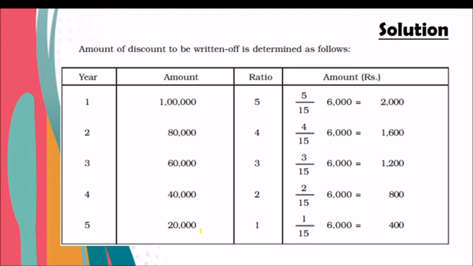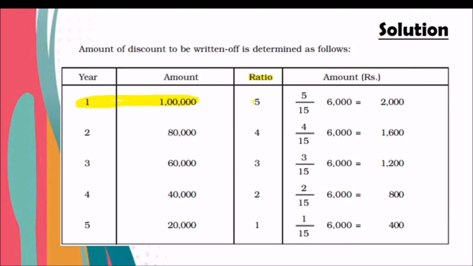So how to calculate the amount of discount written off? We have to create one table like this. In the first year there will be 1 lakh total value of the debentures, and we are calculating a proportionate ratio.